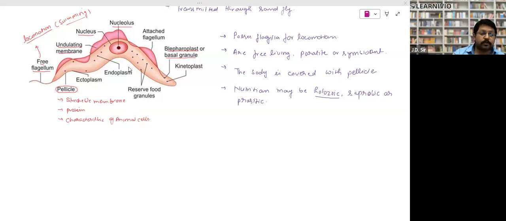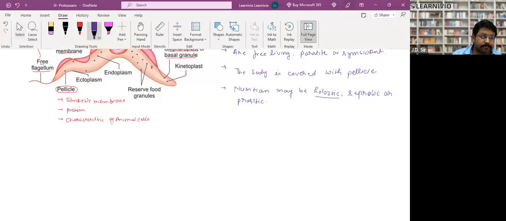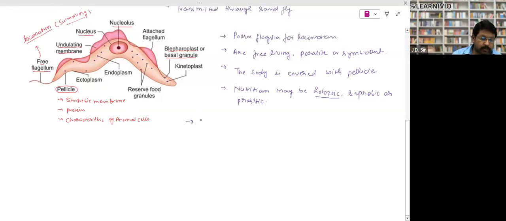So all these three kinds of nutrition are found in flagellated protozoa. Okay. Now come to the next point.